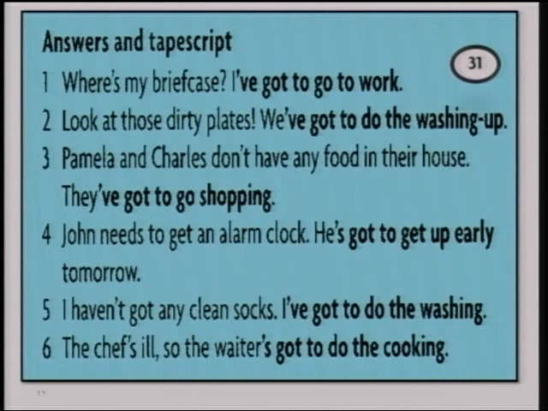They've got to go shopping. And number 4, John needs to get an alarm clock. He's got to get up early tomorrow. And number 5. I haven't got any clean socks. I have got to do the washing. The last one. The chef's ill, so the waiter's got to do the cooking.